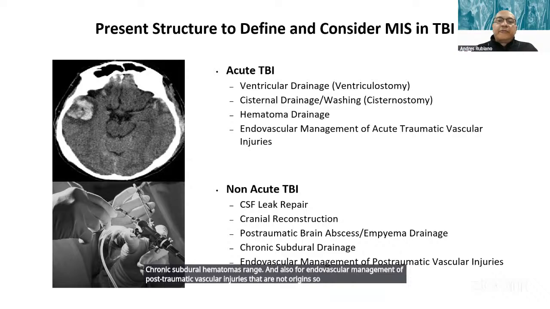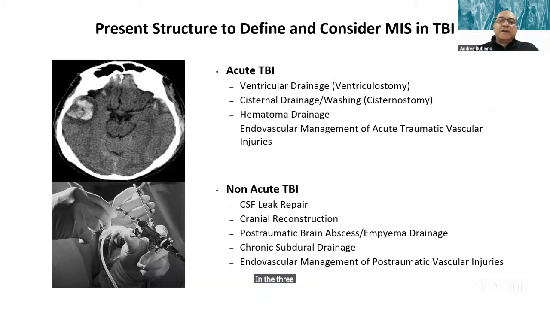So focusing on this structure, I'm going to center my talk today on the acute TBI cases, and I'm going to take out the endovascular management and will be very centered on the three topics that remain, which are ventricular drainage, cisternal drainage, and hematoma drainage.